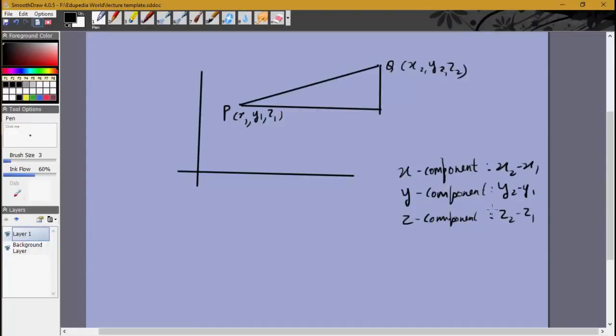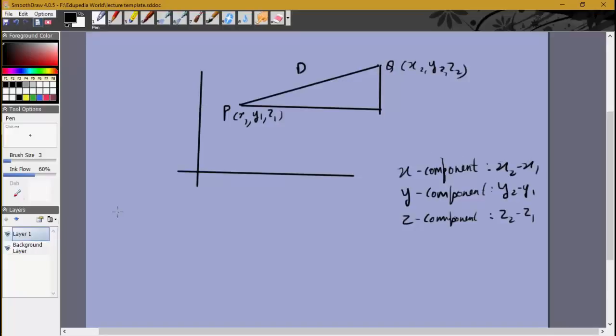And we know that the direction cosines are basically, if the distance between the two is d, then the direction ratios would be d cos alpha, d cos beta and d cos gamma, and the direction cosines would be cos alpha, cos beta and cos gamma. So the x component would be d cos alpha.